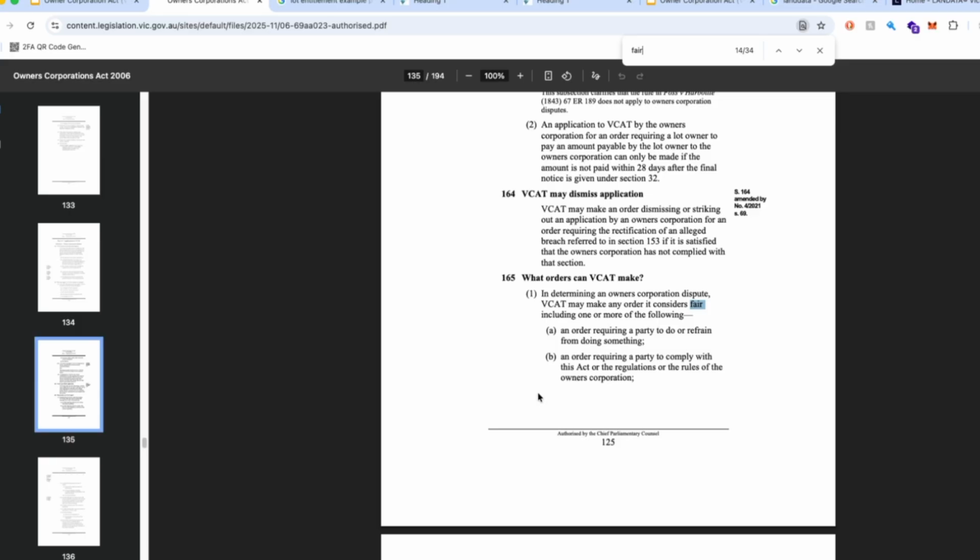So for that specific scenario, or for other similar scenarios, under OC Act section 165, VCAT can make orders to address that.